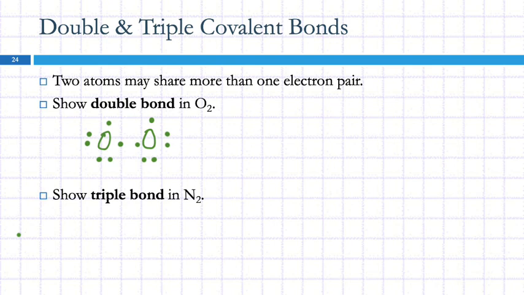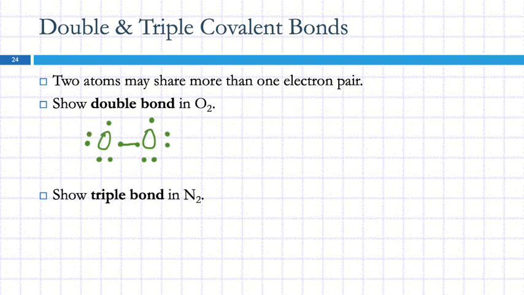So we're going to see if we can get these two guys together and make them both happy. Well, let's try sharing an electron. They each share 1 electron with the other atom. Now each oxygen can count the shared electrons. So this oxygen has 2, 4, 6, 7, and the other one also has 7.